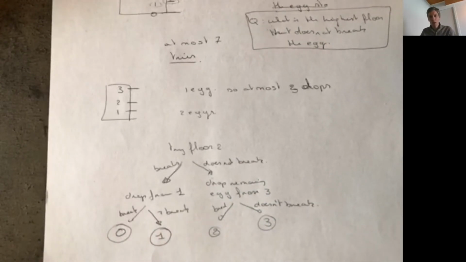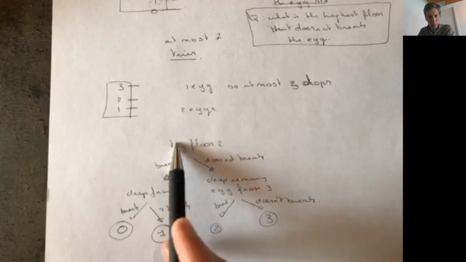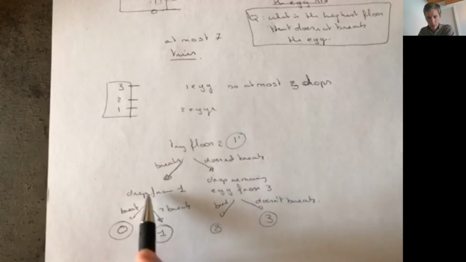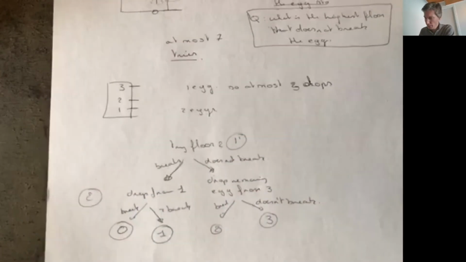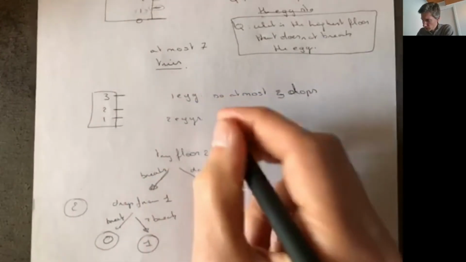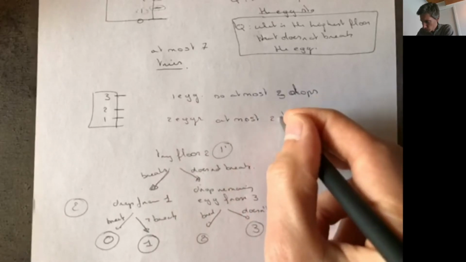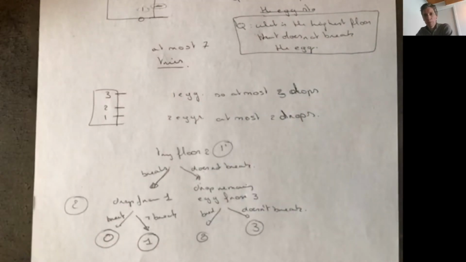Okay, so how many trials do I need here? Well, I first drop it here, so that's 1 trial, and then I drop it again here or here, right? So that's the second trial. So here, if I had 2 eggs, I have at most 2 drops, and at most 2 drops I will be able to answer this question.